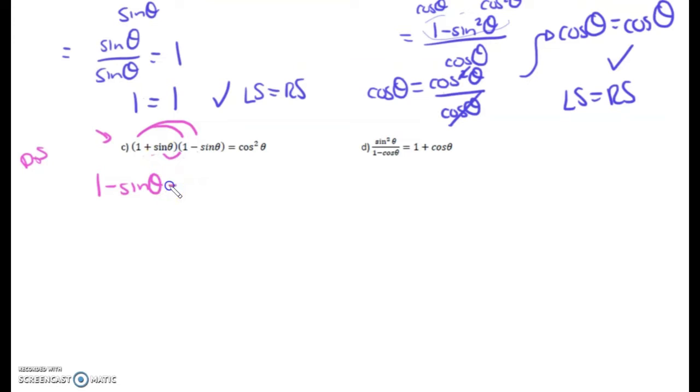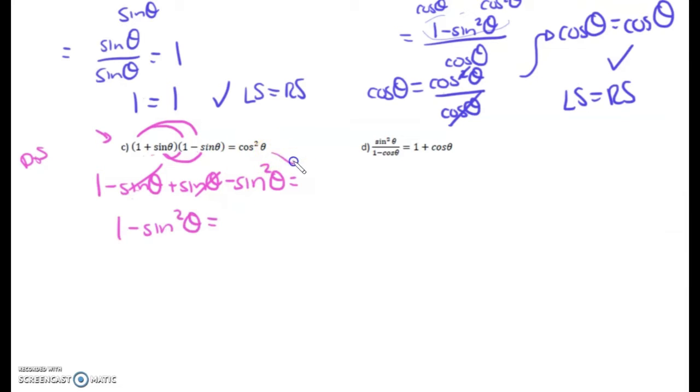Sine theta times 1, so plus sine theta. And then sine theta times negative sine theta. So that's going to be minus sine squared theta. Okay, these two terms in the middle cancel. So negative sine theta plus sine theta, those go away. We're left with 1 minus sine squared theta.